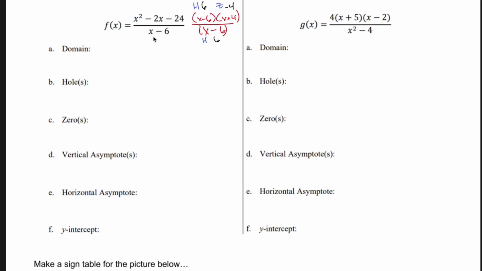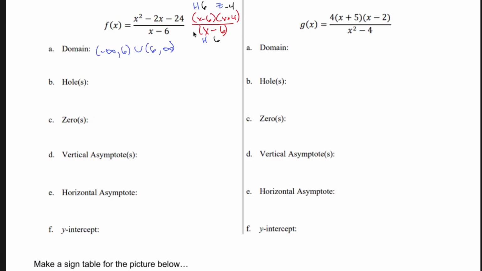Now we're starting this off with domain. The domain is basically asking you, and we saw this in the last lesson, what are my values? What am I not allowed to plug in? Well, I'm not allowed to plug in 6. So we will say that the domain is everything but 6: negative infinity to 6, union 6 to infinity.